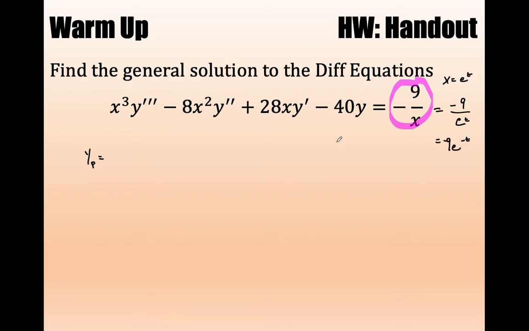negative 9 e to the negative t. So I would have done my particular solution, I would have said a e to the negative t, and done my derivatives just like before. Which are kind of nice, right?